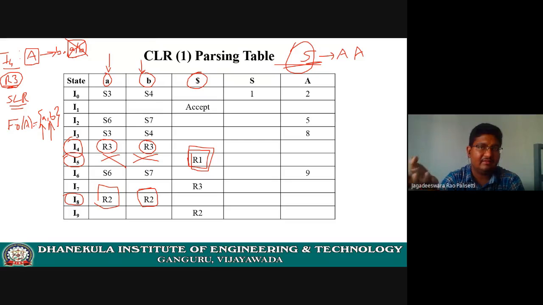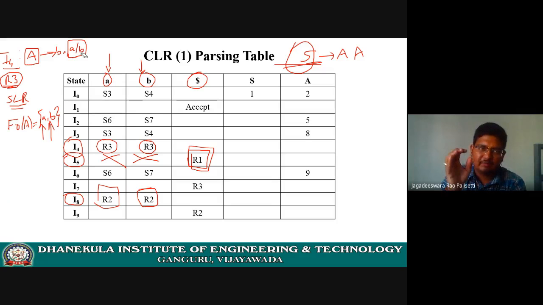Why? Because there are multiple lookaheads we have. Whenever there are multiple lookaheads like a or b, X, Y, Z for a particular production, sometimes CLR will act like SLR.